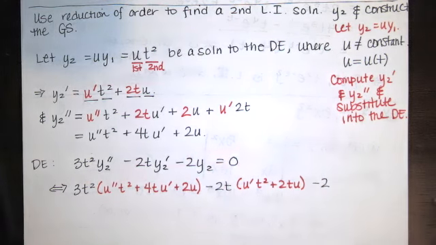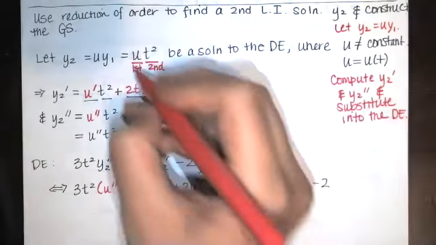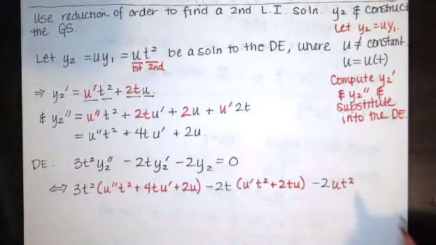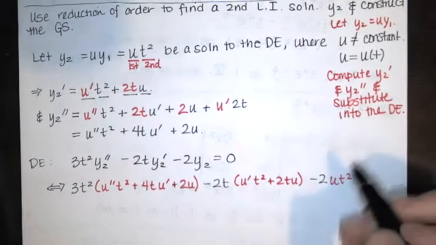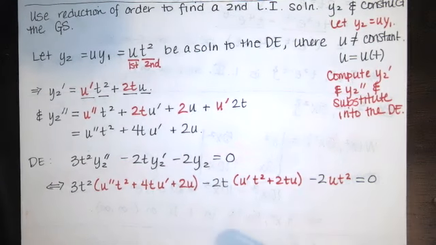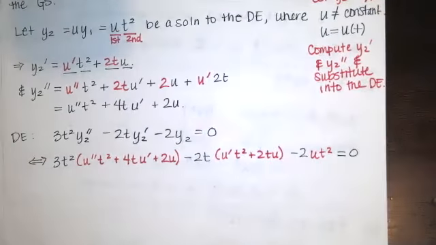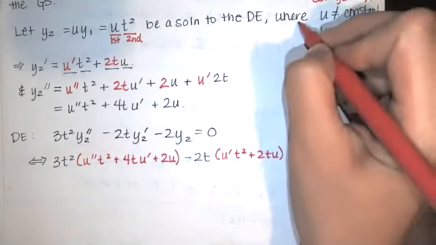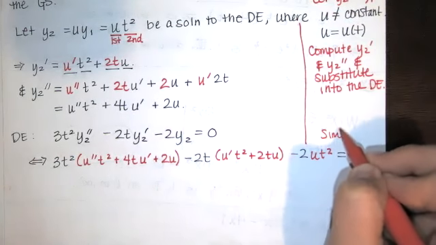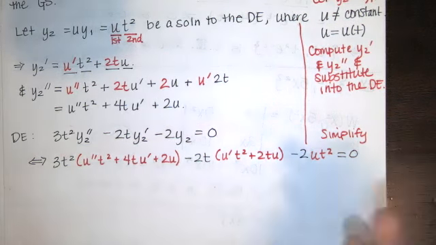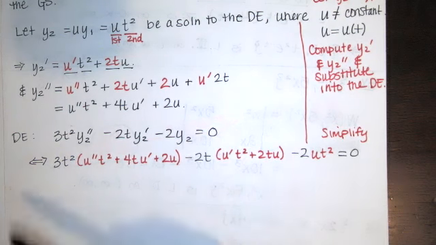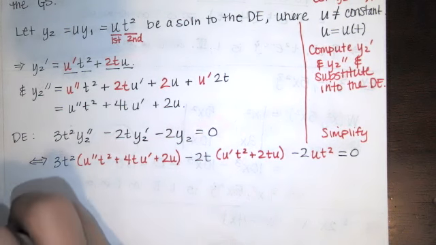Minus 2 times y sub 2, which is u times t squared. And all of that is equal to 0. And at this point, after you substitute into the differential equation, you want to simplify. And when you do, all of the u terms should cancel out because this will be linear in u prime.